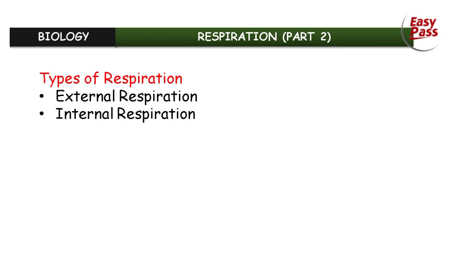In secondary school or in college, we don't accept that as the definition of respiration. So breathing in and breathing out is actually not respiration. It's a very small part of respiration. So external respiration deals with gaseous exchange, which is defined as a process by which oxygen is taken in and carbon dioxide is taken out of the living system.